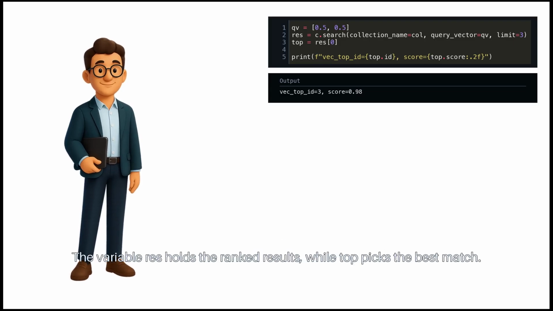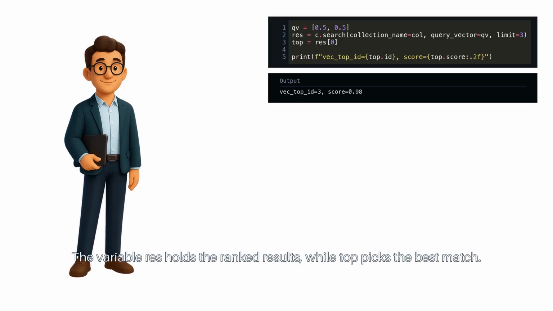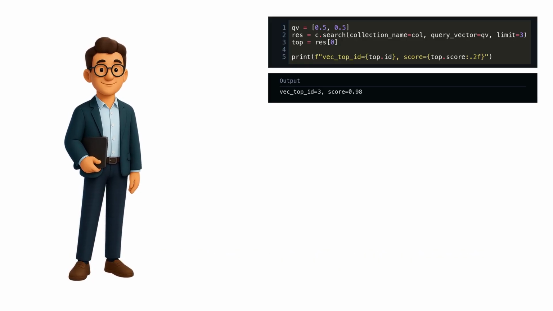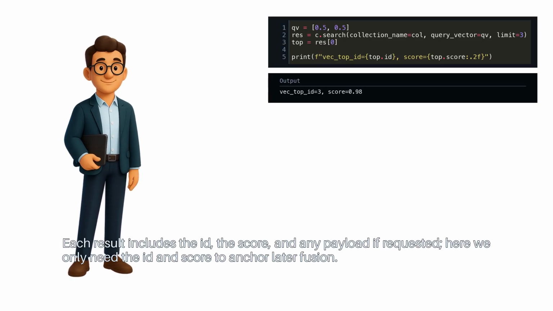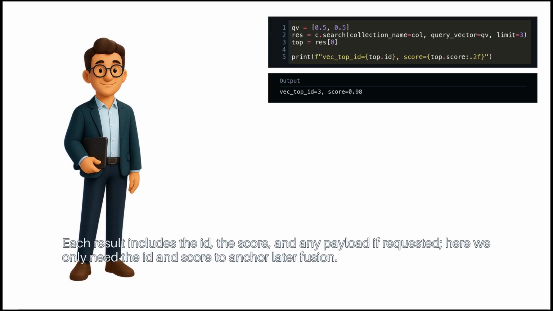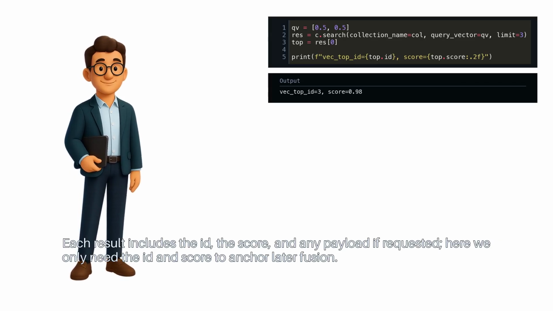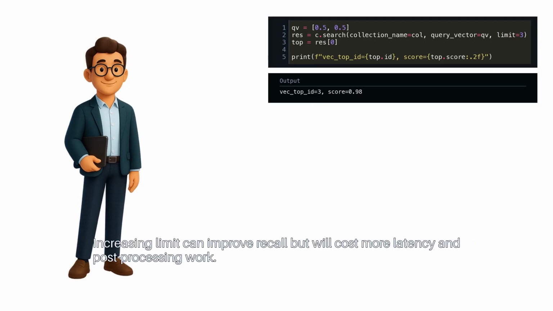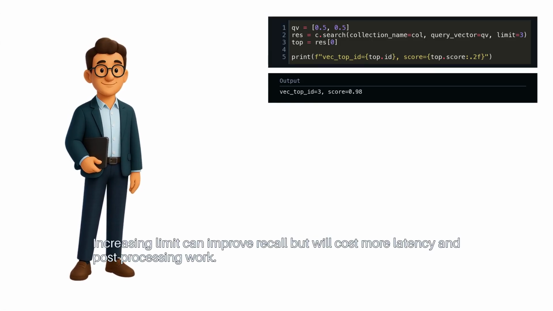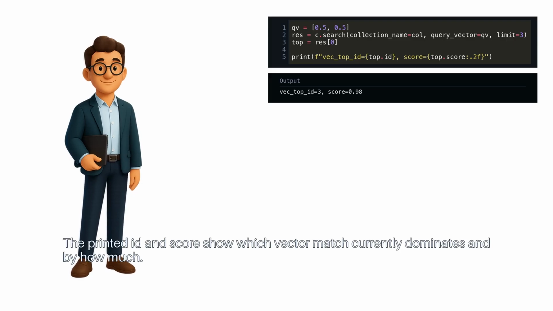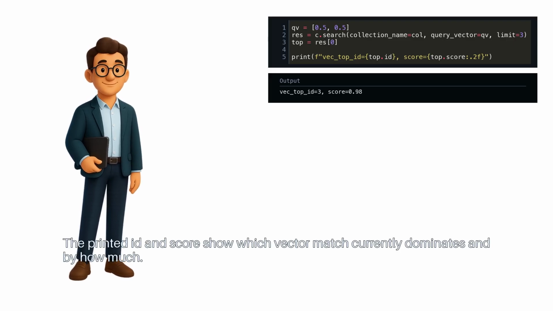The variable res holds the ranked results, while top picks the best match. Each result includes the ID, the score, and any payload if requested. Here we only need the ID and score to anchor later fusion. Increasing limit can improve recall but will cost more latency and post-processing work. The printed ID and score show which vector match currently dominates and by how much.